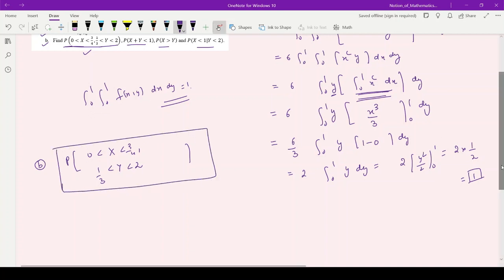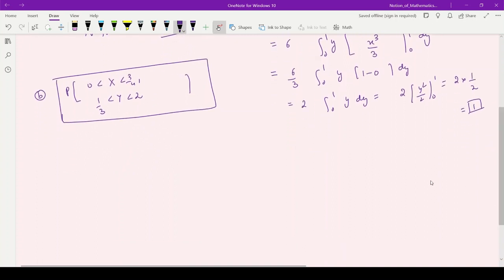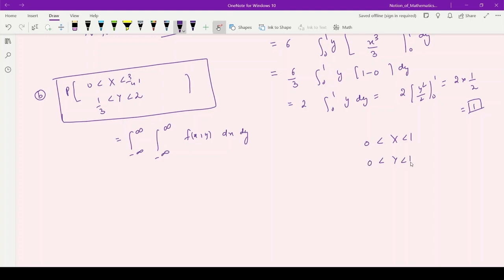What it would be? Again, I will apply the formula here, the basic formula I am writing: the integral from minus infinity to infinity of f(x,y) dx dy. Originally in our question, x is between 0 and 1, y is also between 0 and 1.